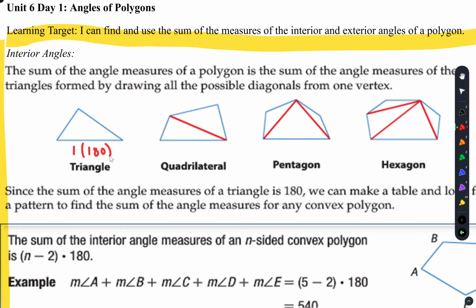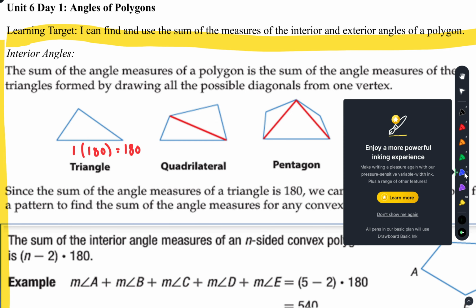One of the methods that we are going to use to figure out the measure of different kinds of shapes as we continue growing with more and more sides is we're going to use triangles, because we know that a triangle is 180. We've hopefully hammered that fact into our brains. So if I take a look at the next shape, which is a quadrilateral, it has 4 sides, and essentially what we want to do is figure out how many non-overlapping triangles I can split that quadrilateral into.